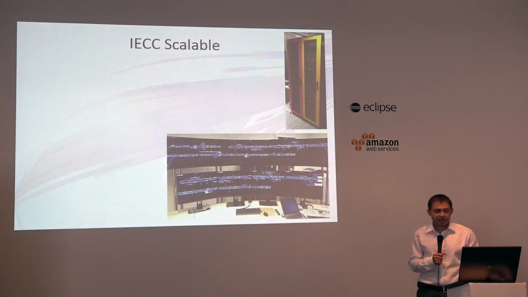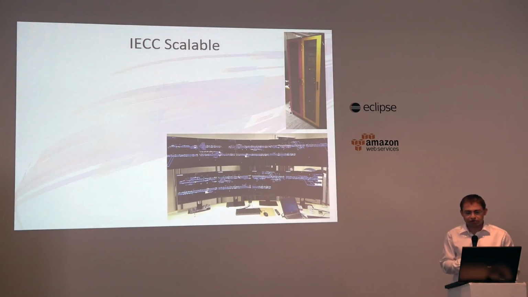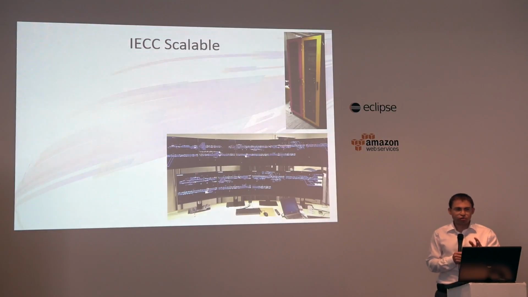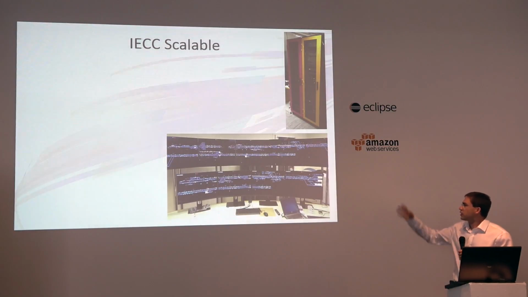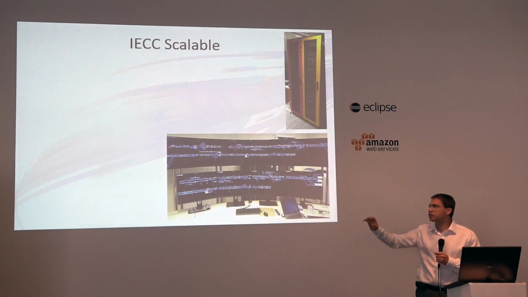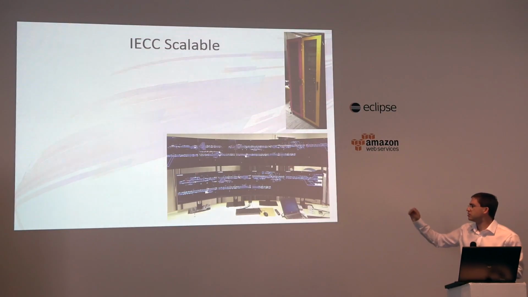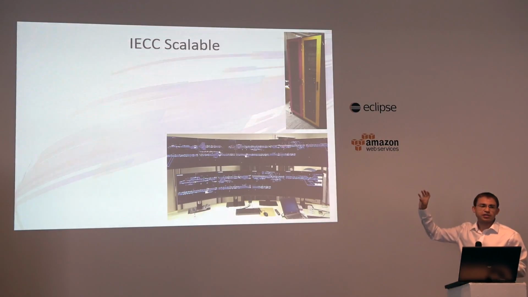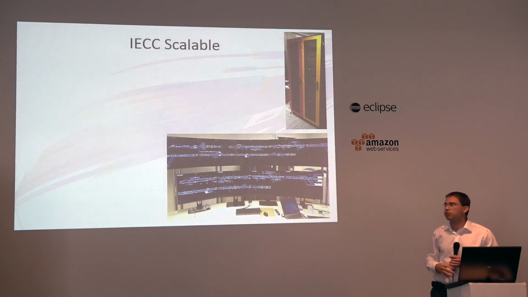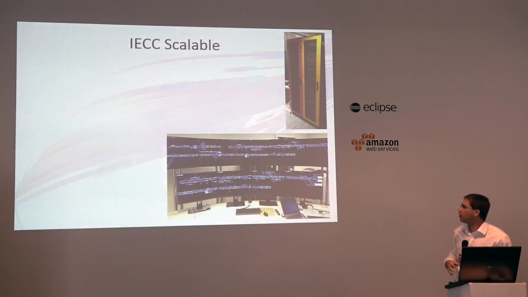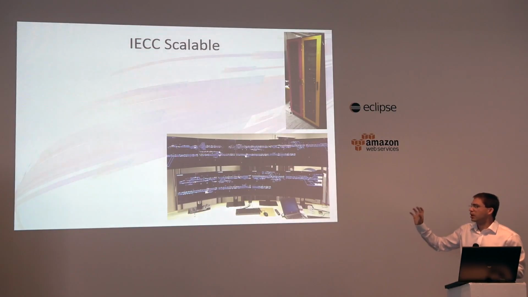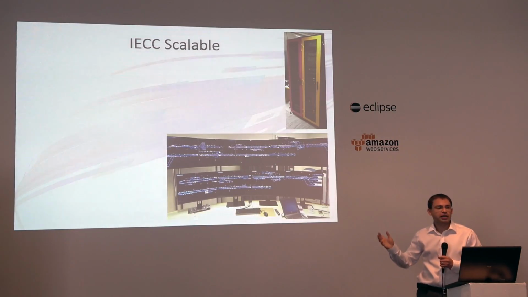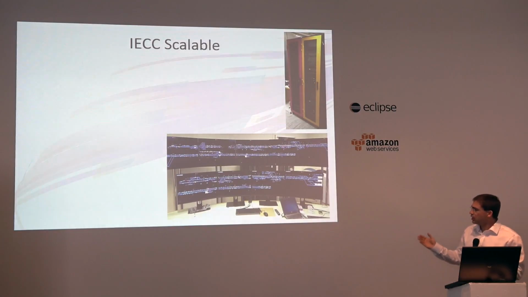So IECC Scalable, that's the latest version of our signaling control and traffic management system. There are two components to it. A number of workstations, typically about 8 screens and a mouse and keyboard. The top row gives signalers the overview of what's going on in the area they're responsible for, and the bottom row allows them to fully interact and manage the railway, decide where the trains are going, and so on.